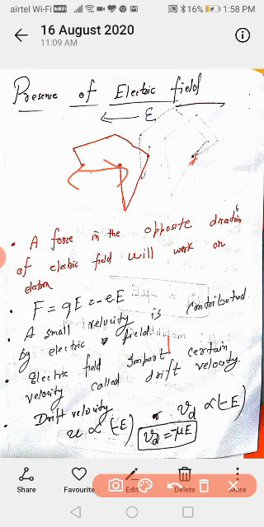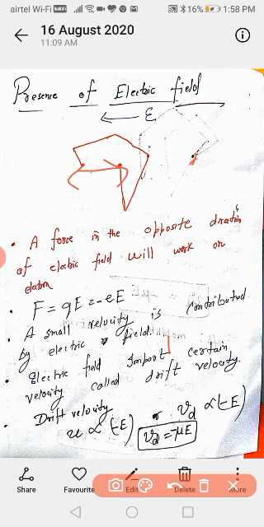Under the influence of thermal velocity it is moving, but the electric field is also working, so it will also try to follow the electric field. So there will be some vector sum of forces, and finally there will be some net displacement, and this is how current conducts inside the conductors.